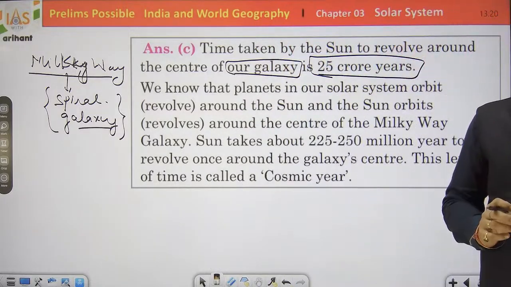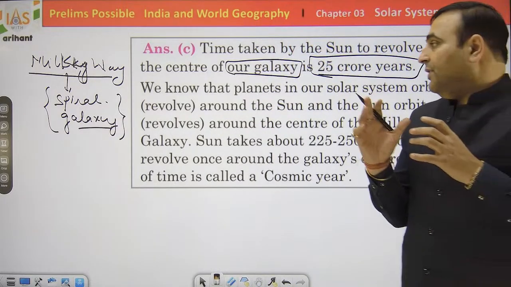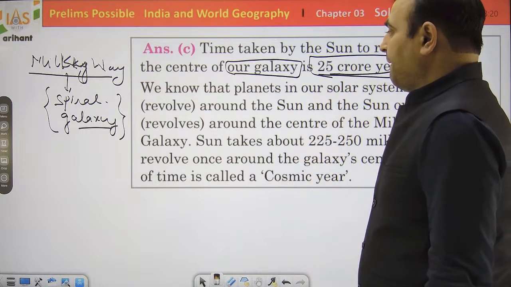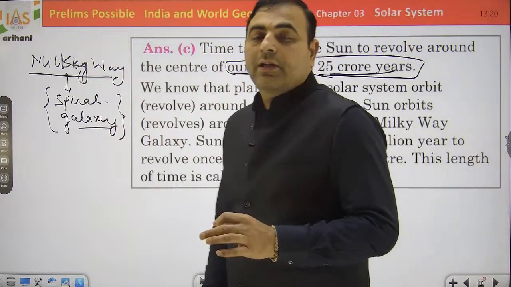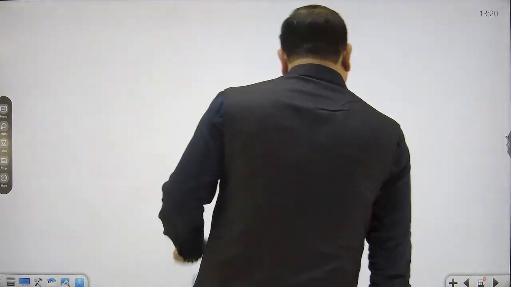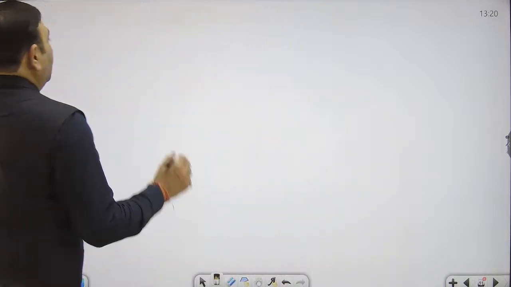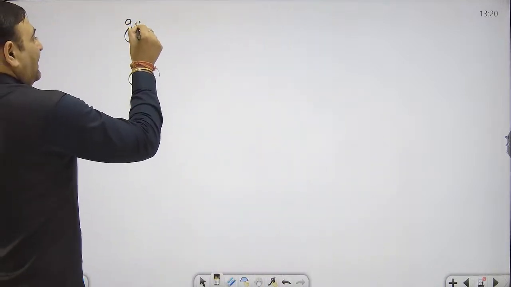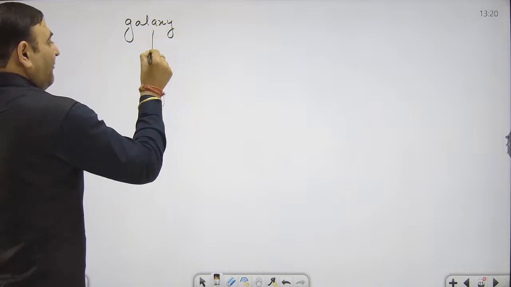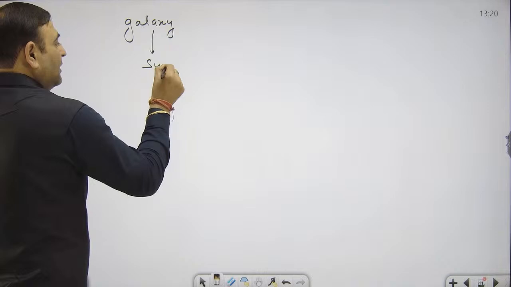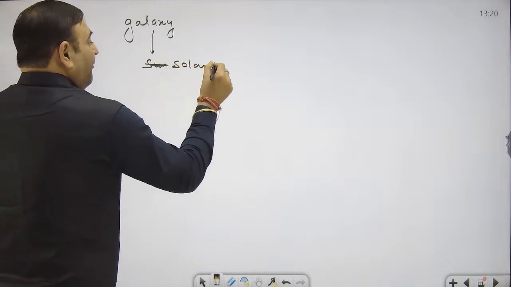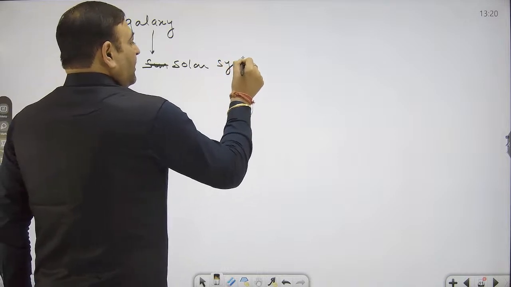And the sun takes 25 crore years. We are all aware of that. Primarily, we have a galaxy. In a galaxy, there are various suns, or we can say solar systems.